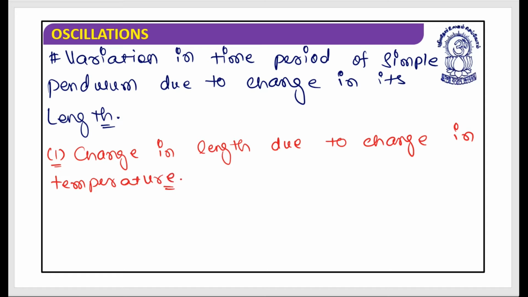If length is going to be changed due to change in the temperature, what would be their effect? We understand in the thermal properties of matter that if we change the temperature, then the length will change. This length will change as delta L is equal to alpha into L into delta theta, and from this, delta L by L is equal to alpha into delta theta.